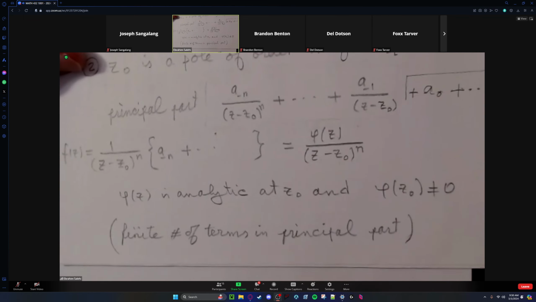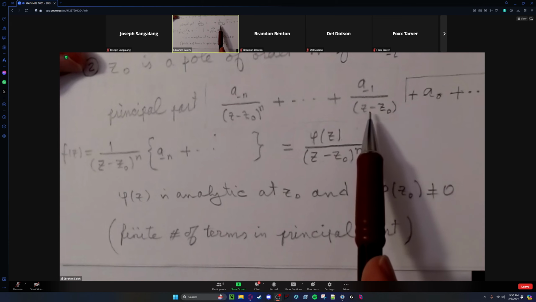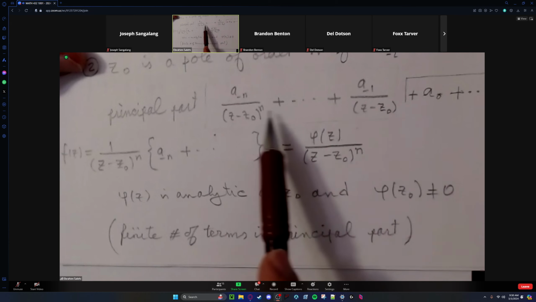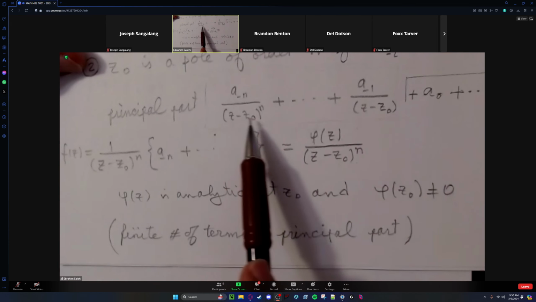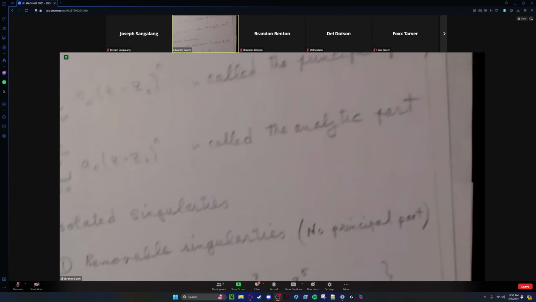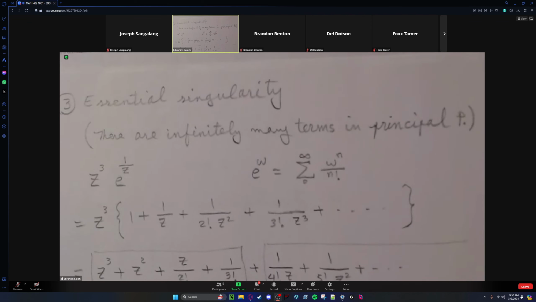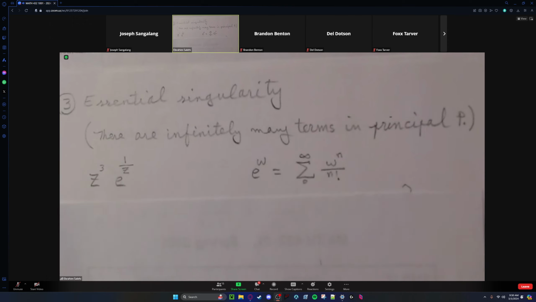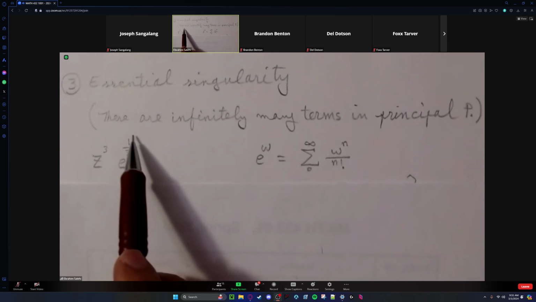In category number 3, when you write the Laurent series, the number of negative exponents will be infinitely many. If you have infinitely many here, then that one is called an essential singularity. Here's an example of an essential singularity. z equals 0 is a bad point right here.